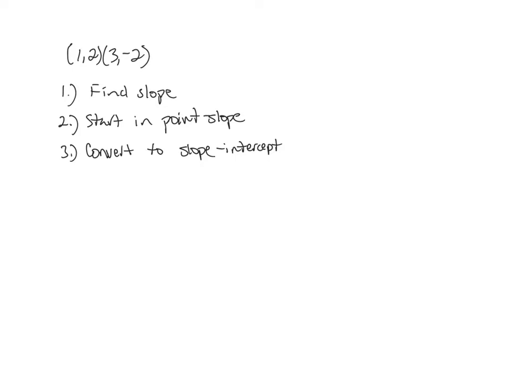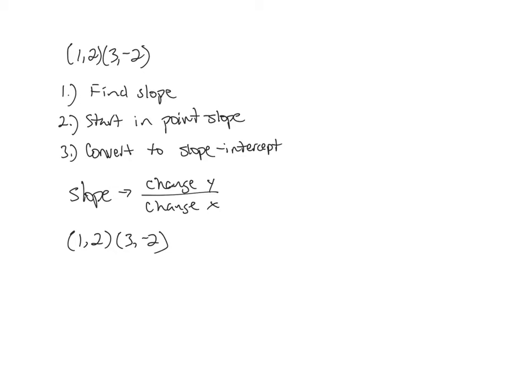Okay, so remember that slope is change in y over change in x. So yeah, there's a slope formula, but like I've said before, I think sometimes we get mixed up with that.